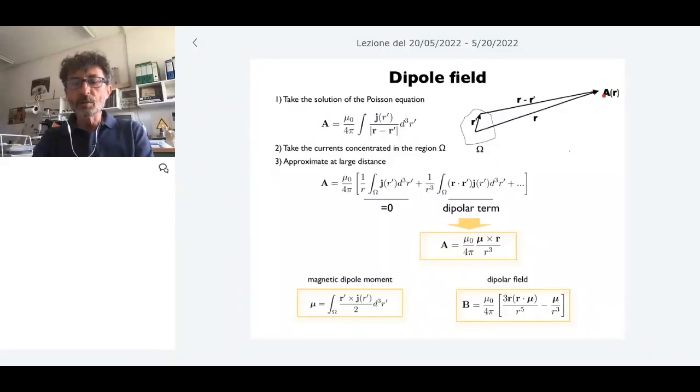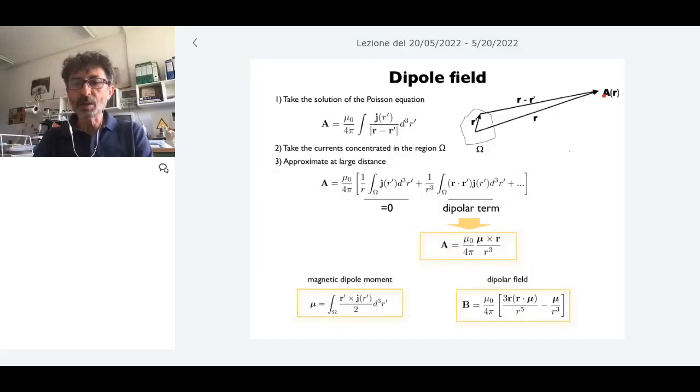If we rearrange this term and write just the contribution of these terms, as a result the vector potential A, we write this nice equation: the vector potential A equal to the external product of a quantity that we call mu, external, the distance, divided by the distance to the third. Mu we define as the magnetic dipole moment.